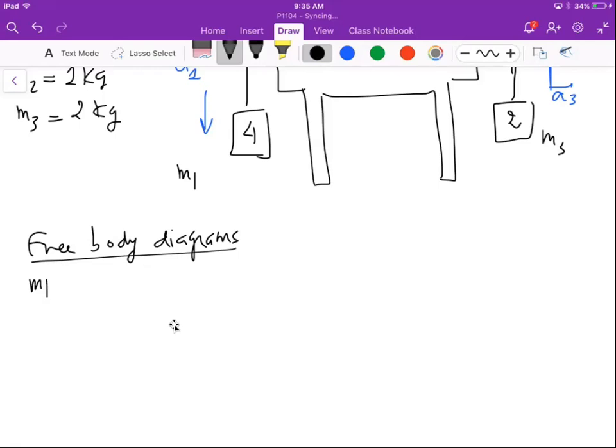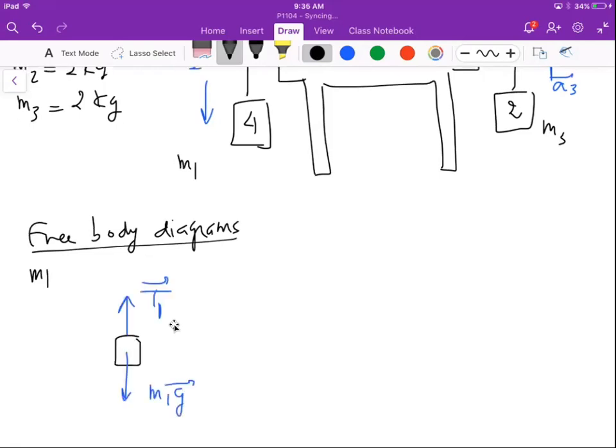So this one will have T1. Okay, for M2 here, this is for M2. Again M2 in the same way. So we have M2G acting on the block and we have the tension in the cord, but here it became the second cord, so I will put T2.